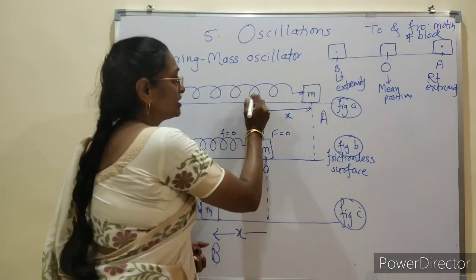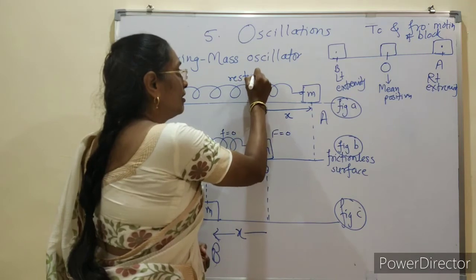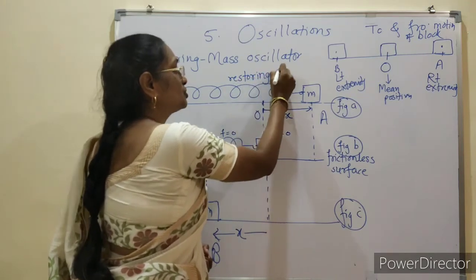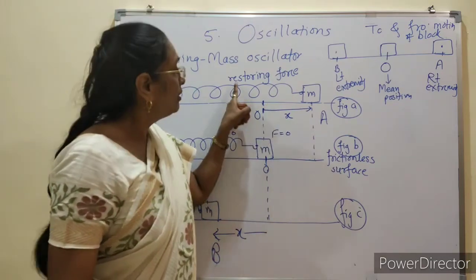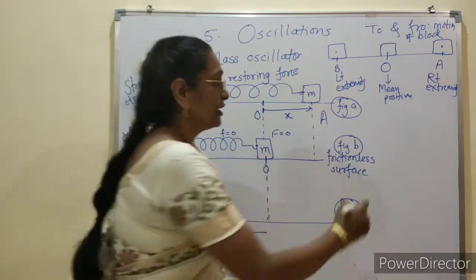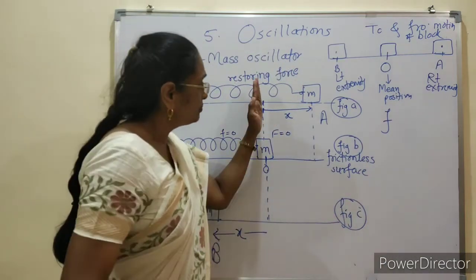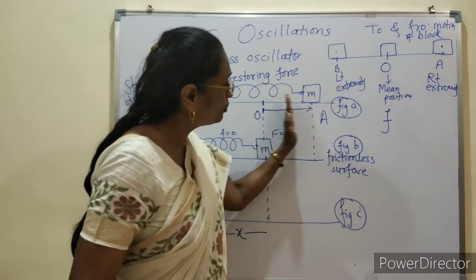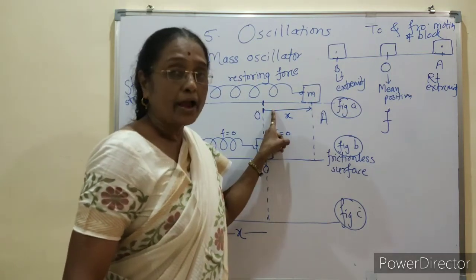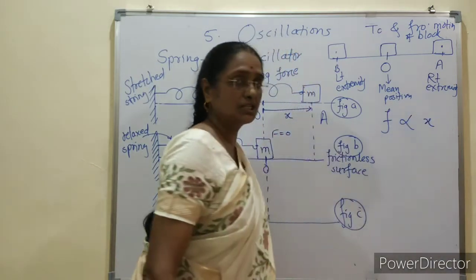But what actually happens in the spring? The spring is elastic. Here a restoring force is set up in the spring. That restoring force can be denoted by F. As we displace this block from O to A, it increases when the displacement increases.